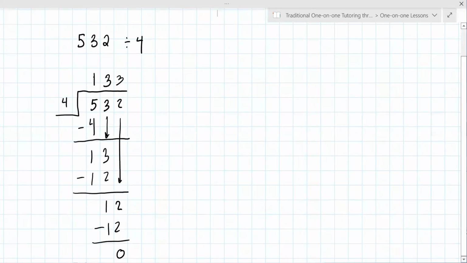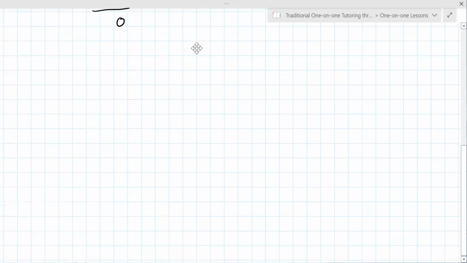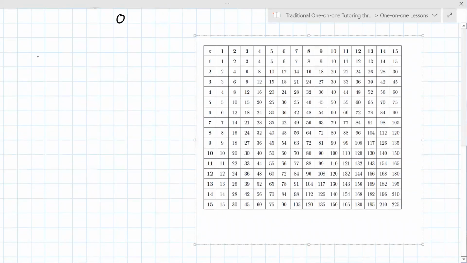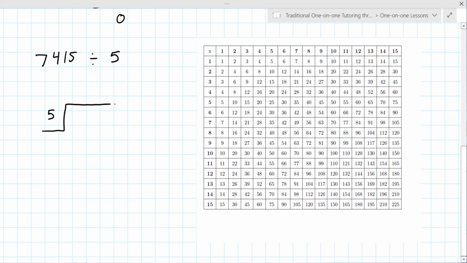So let me do that here. Let's do 7,415 divided by 5. So 5 goes on the outside, 7,415 on the inside. Why don't you talk me through this? What should I do first if I wanted to divide here?